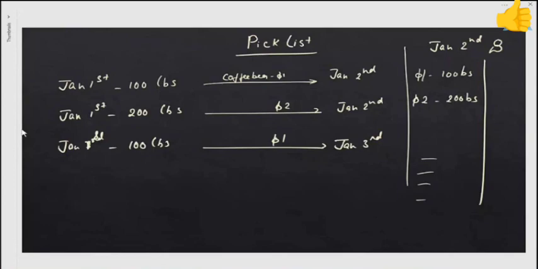And from that point on, all the issues will be issued when the person who requires the goods comes in. One particular employee needs 100 pounds of coffee on Jan 2nd. So he comes in Jan 2nd, say 12 o'clock in the noon, and his delivery is ready.